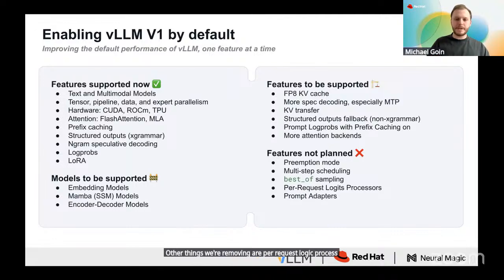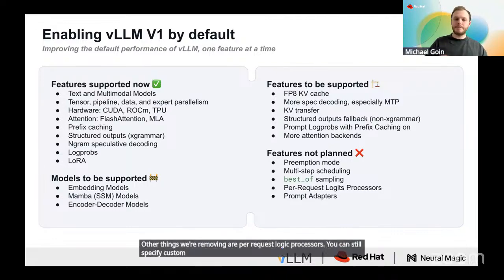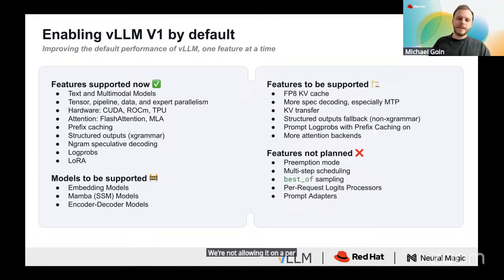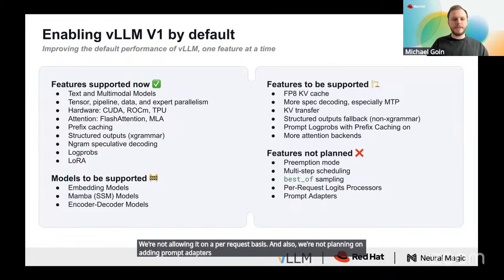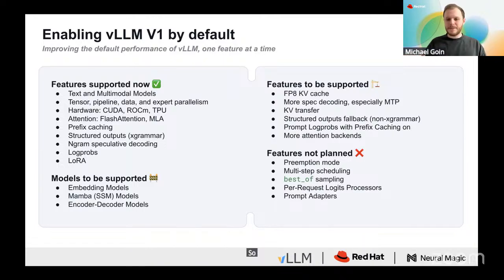You can still specify custom logits processors, but you should only be able to do this through the offline LLM API, or basically when you're starting the server up, you need to specify your custom logits processors. We're not allowing it on a per-request basis. And also, we're not planning on adding prompt adapters, keeping the adapters just to the LoRA style. So that's all I have to cover right now.